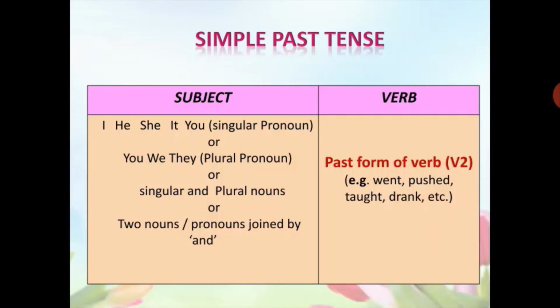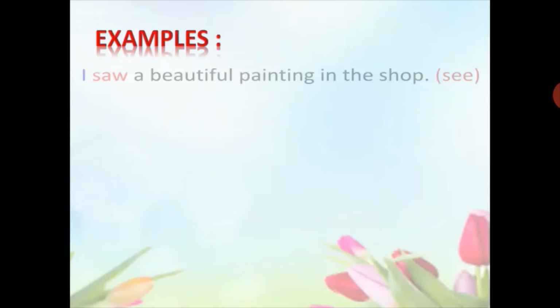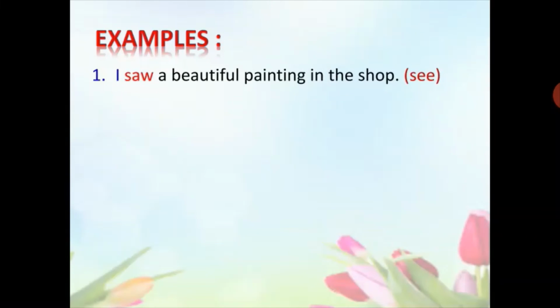Let's have some examples for simple past tense. I saw a beautiful painting in the shop. Here in this sentence, saw is the past form of see. Here see is the present form of verb, that is V1, and saw is the past form of verb, that is V2.